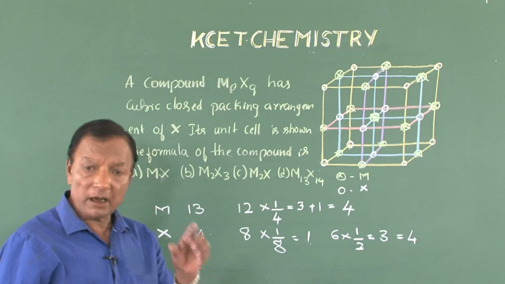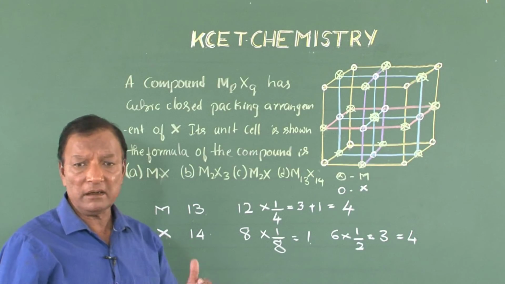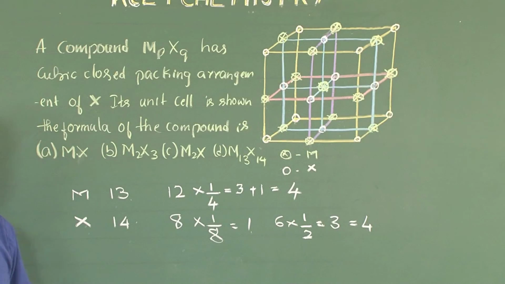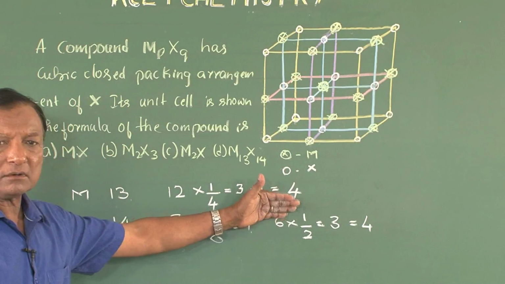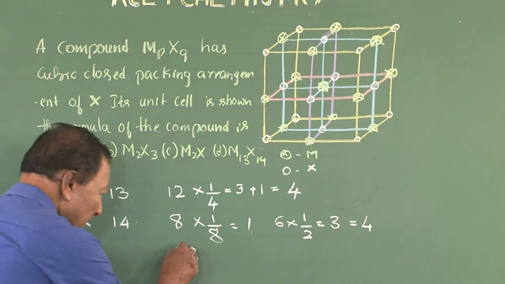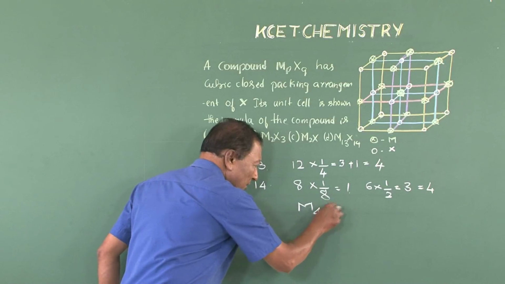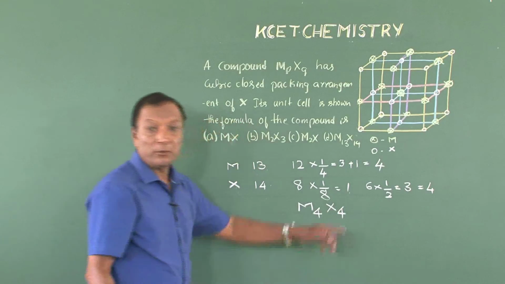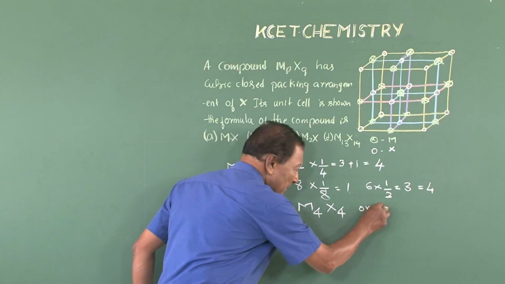Thereby, I come to the ratio of the particles of M and X. From the calculation, I get particles of M as 4 and particles of X as 4. Thereby, I elucidate the formula as M4X4, which can very well be simplified into MX.